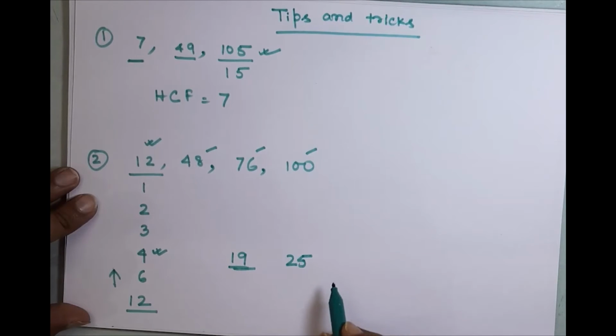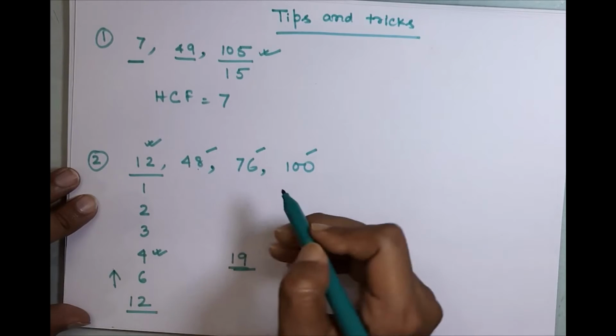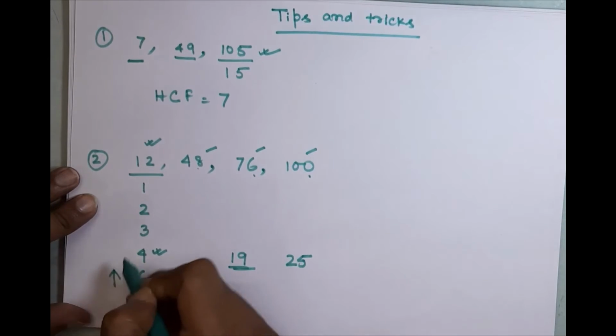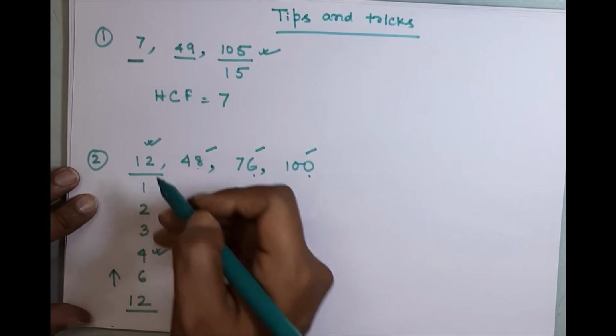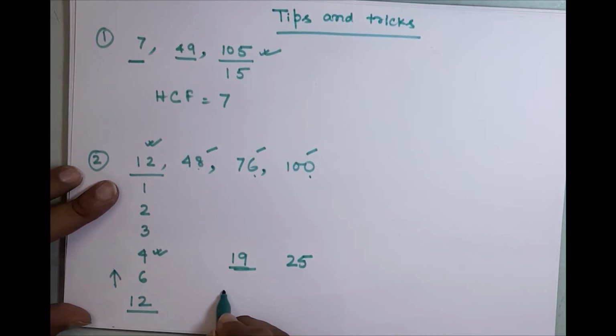So using 4 we can divide 48, 76 and 100, and we have already seen 4 is a factor of 12. So 4 becomes our HCF here, because it is the common factor by which all the numbers are divisible. We call it the HCF.